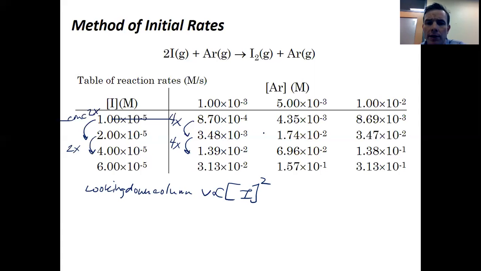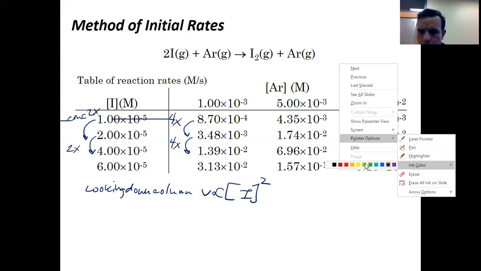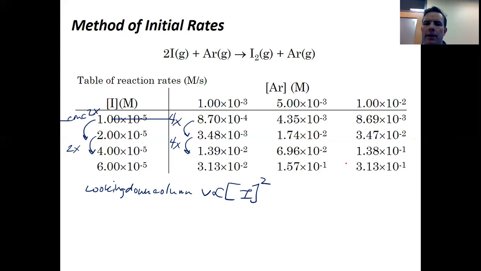Now if I look across a row, and I'll do this in a different color. I'm going to pick these two data points, because this is 5, this is 10, I'm just doubling it. I like numbers that I can handle. So in this case, I've increased the concentration of argon by a factor of 2. 4.3 times 2 would be 8.6.